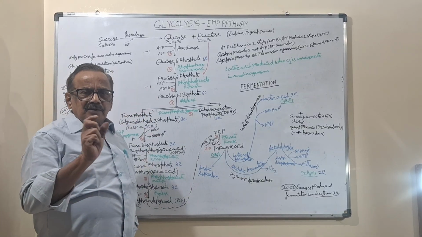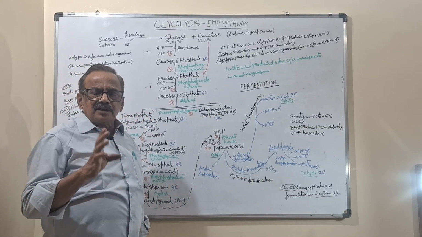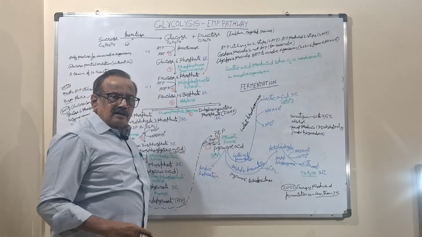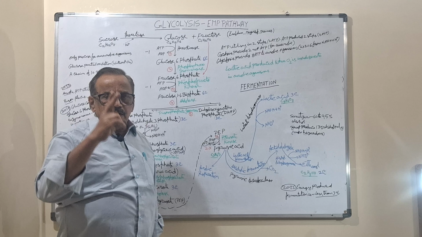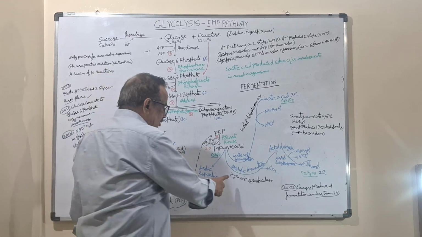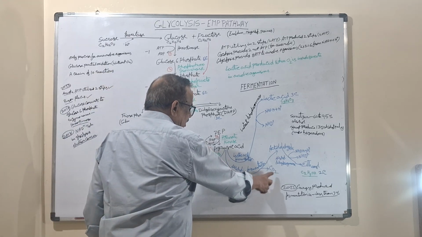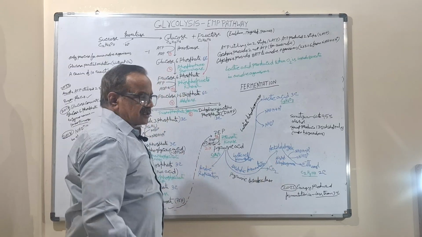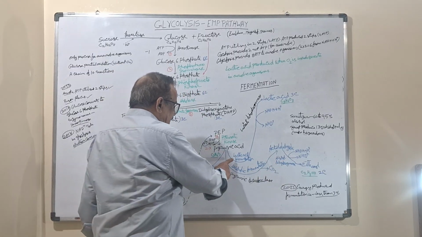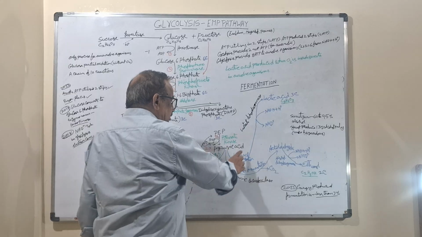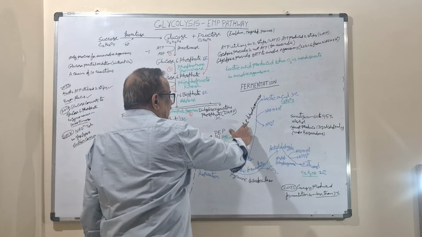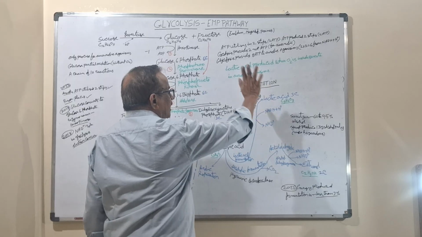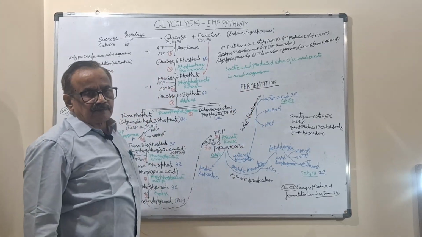Here he has given it a little bit confusingly in that paragraph, but what he wants to tell is alcoholic fermentation will be done by participation of 2 enzymes, which are pyruvic decarboxylase and alcohol dehydrogenase, if you want to see the textbook. And for lactic acid, only 1 enzyme will participate, lactate dehydrogenase, directly lactic acid will be formed.